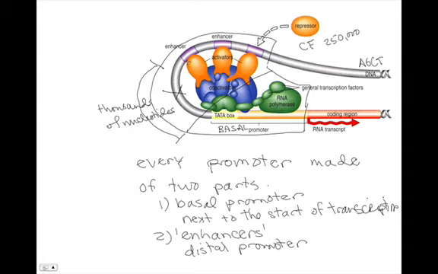The key parts of the distal promoter are these purple elements, which are called enhancers here. A better word for that, from our handout, is that developmental biologists often call these response elements. That's because they can be either enhancers or suppressors.